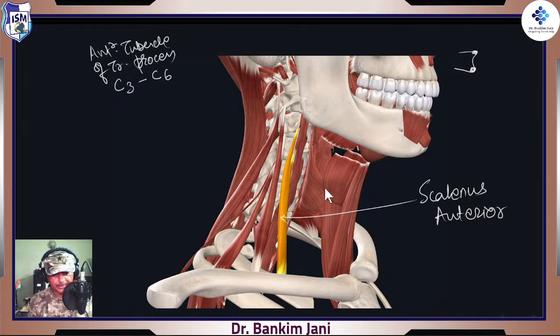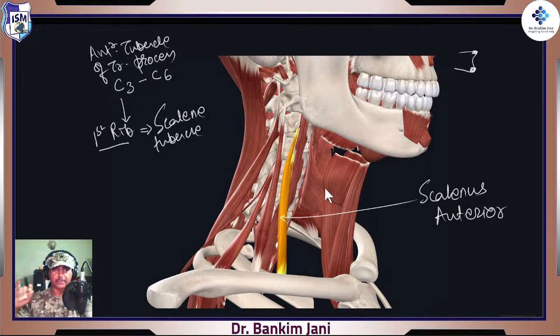And then it goes all the way to the first rib. On the first rib, there is a special seat given to it, called the scalene tubercle. It is a small area which has been donated to it. Think of what it can do, this muscle.